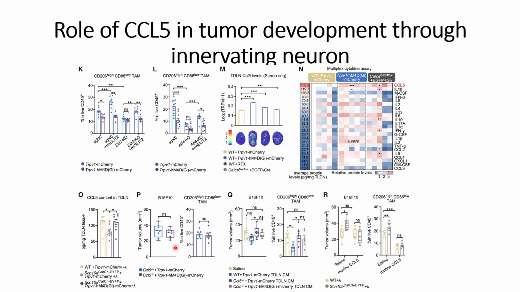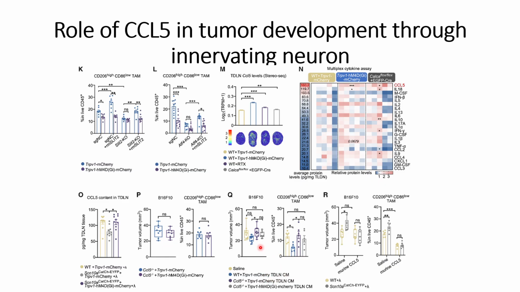Thereafter, they checked the CCL5 knockout conditions. They do not see any tumor change with and without chemogenetic inhibitions. This is what they expected, and even the TAM levels do not change in these conditions. Afterwards, they checked it in the conditioned media from the tumor-derived lymph node.